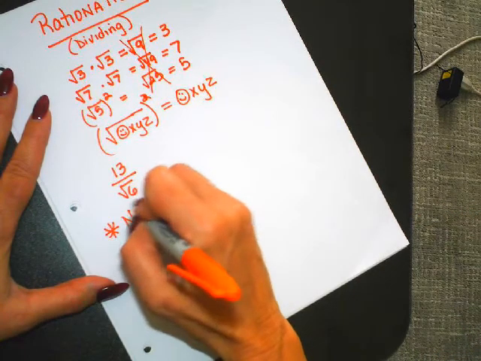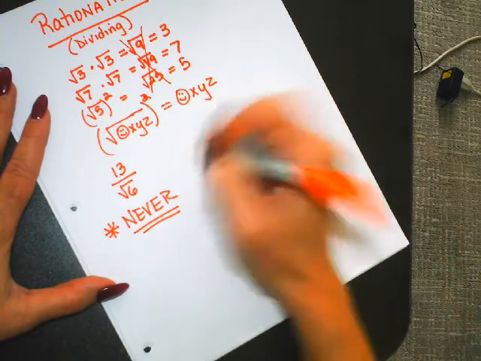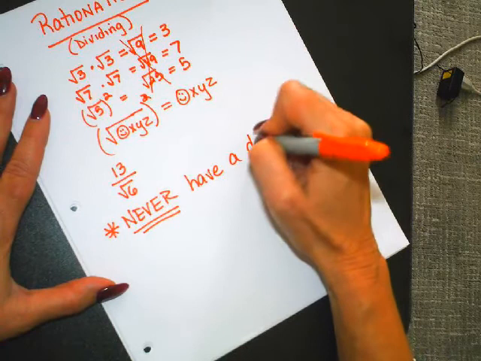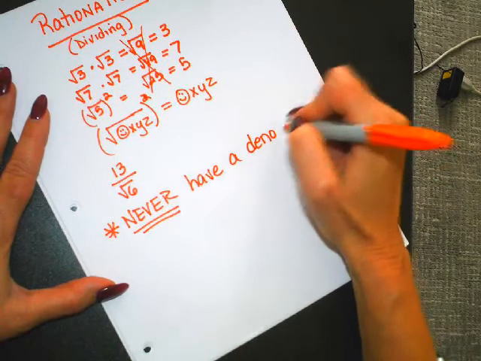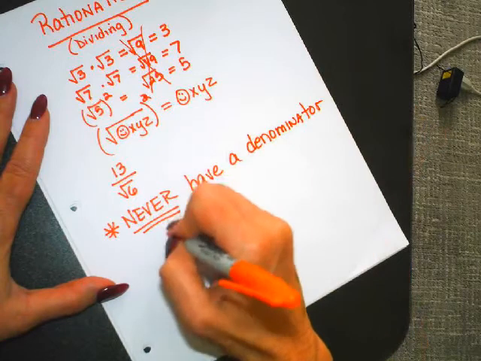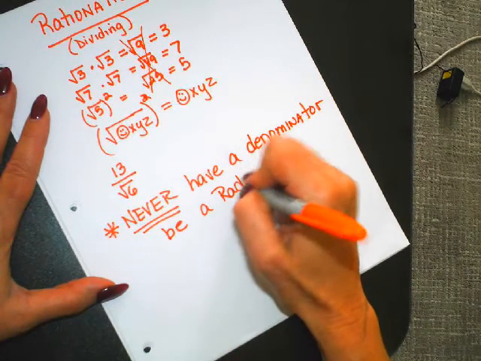is you can never, ever, ever have a radical in the denominator.